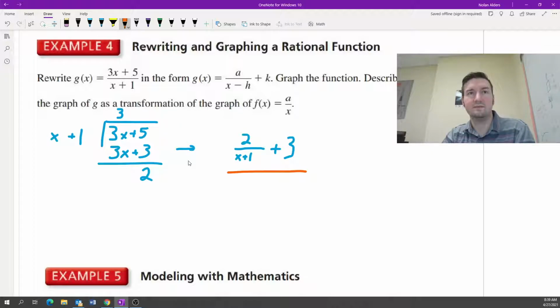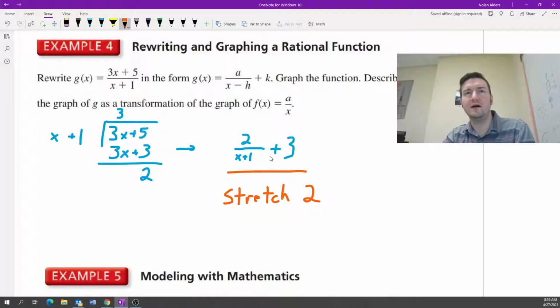You can graph it using Desmos, but if we just look at the transformations here, we have this 2 up here. So when we have a 2 in the numerator up there, I think that this would be a stretch by a factor of 2.